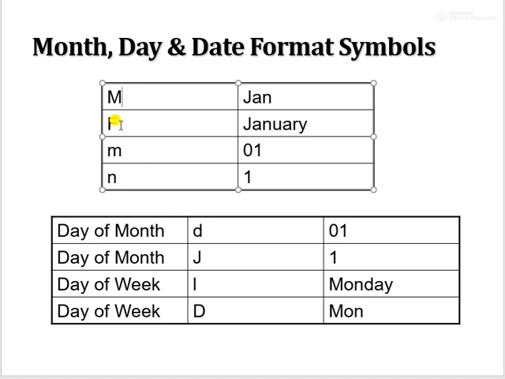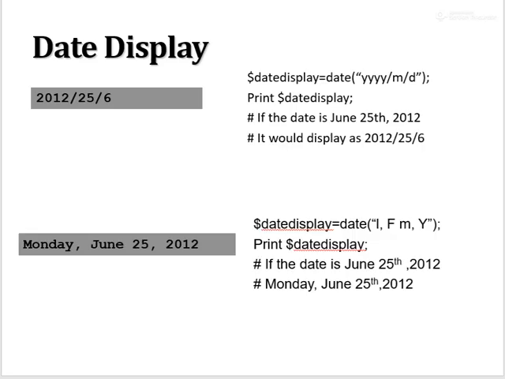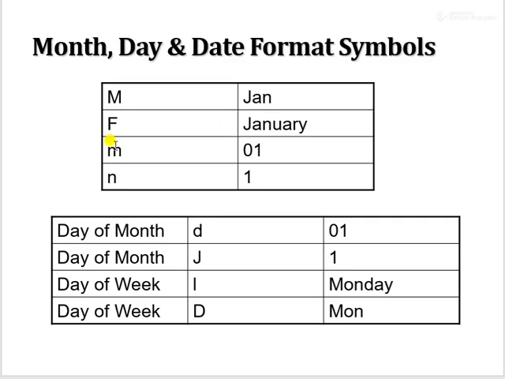If you provide F as an input, like here we provide F, it gives us the full form of the month. Small m will display the date in this form, and if we are using n, then it will display in this form. And then we have some others, like day of the month, you can provide this day or this, so it will be provided in a different format. And then week also, like this.